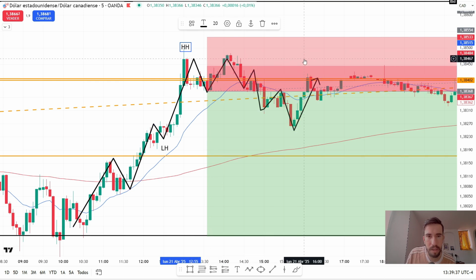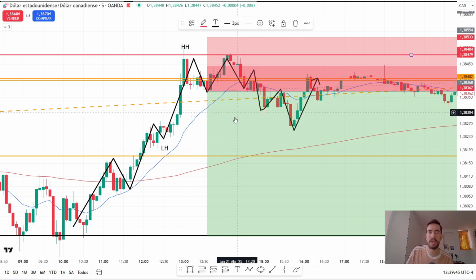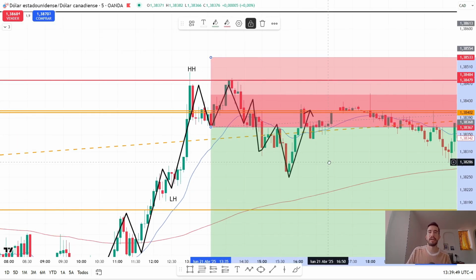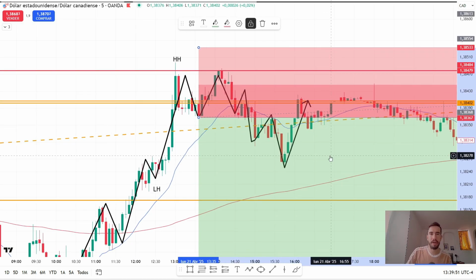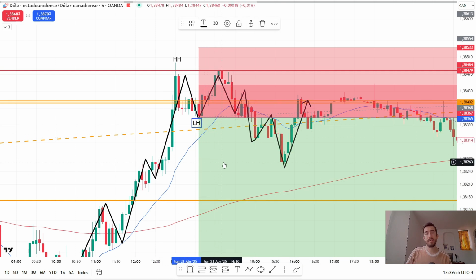If you can see here, this price went a little bit above. You see, this is the higher high, but this one went a little bit above. I count those subtle changes as a new higher high as well, if it went above with the body. If it's just with the tail, I don't count it.